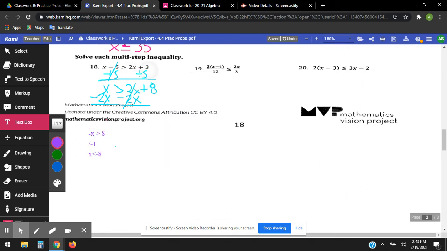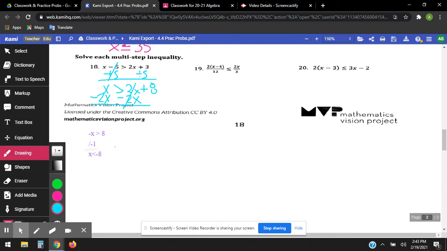Negative 20 plus 3 is negative 18. So negative 5 is bigger than negative, oh, not plus 3, 17, negative 17. So always fill those in to try to see. I don't know why I can't draw. This is going to cause problems. So x is less than negative 8.